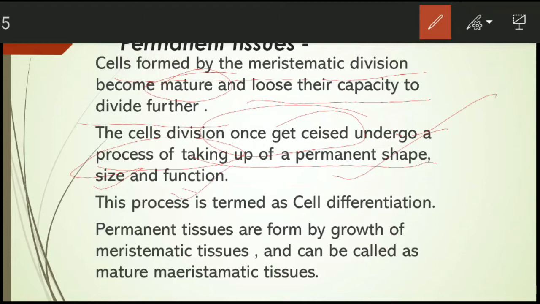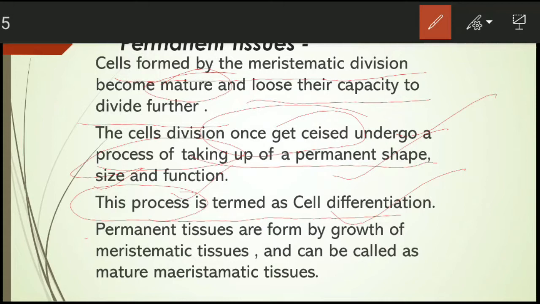So once the division of those cells has stopped, they take up a specific job or specific role. Taking up this specific role is a process, and the process is termed cell differentiation.